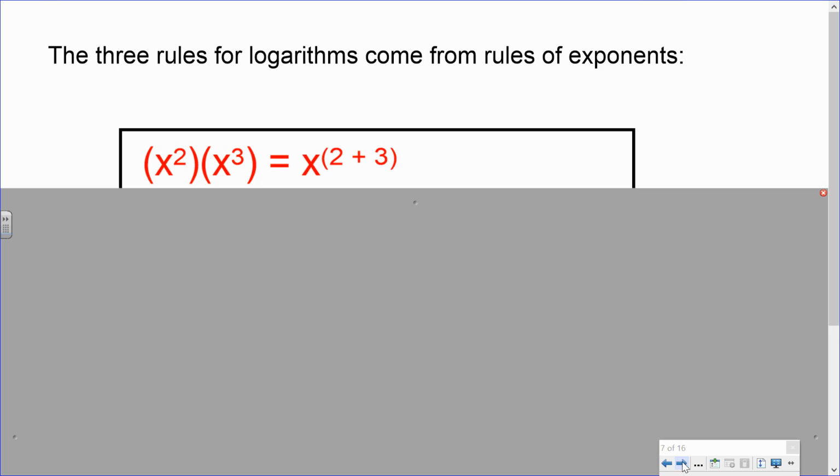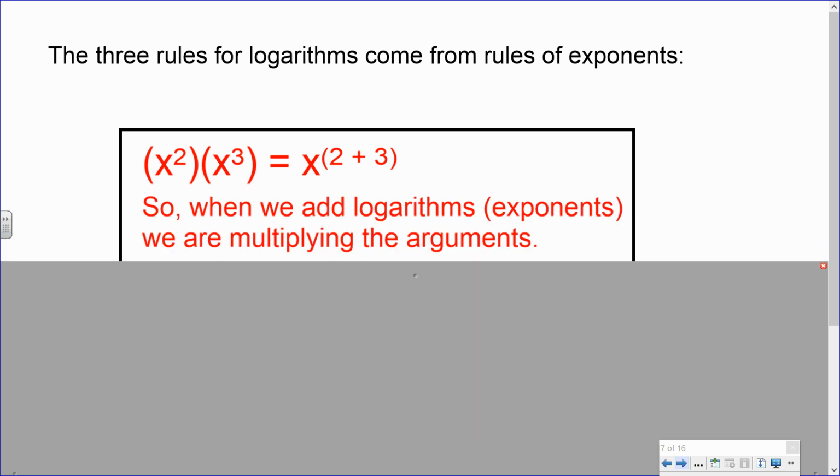We are also going to be using our log properties that we'll write in our formula page on the next slide. This slide I'm just going to talk about where they come from. Logs are exponents. So we know when we have exponents, x squared times x cubed is x to the 2 plus 3. So if we have a problem where we are adding exponents, we're adding logs, that means that the arguments had to be multiplied.